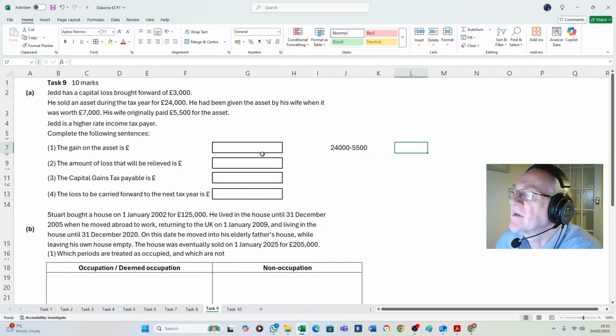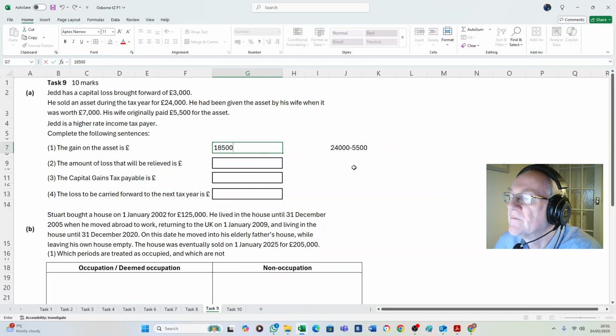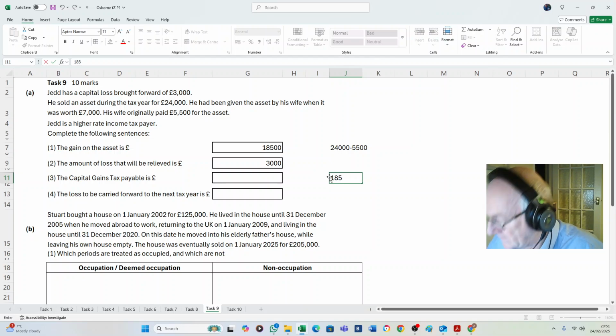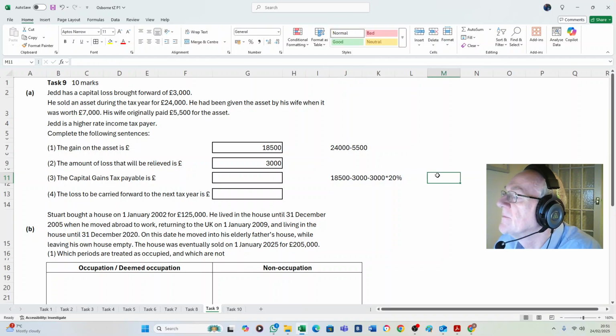so box by box, they're actually asking us nice and easy here. We can take the full 3,000 off it. And so once we do 18,500 minus 3,000 minus another 3,000, because that's the annual exempt amount, so take 6,000 off.